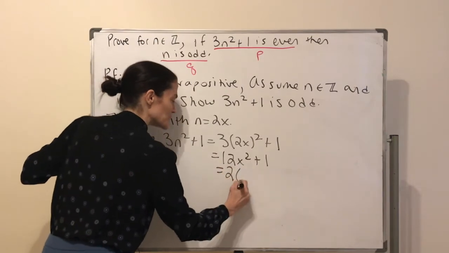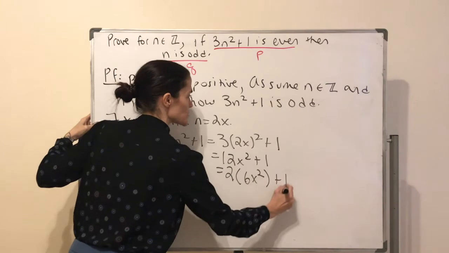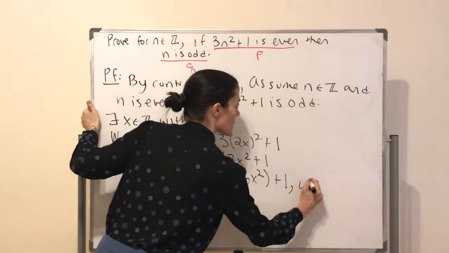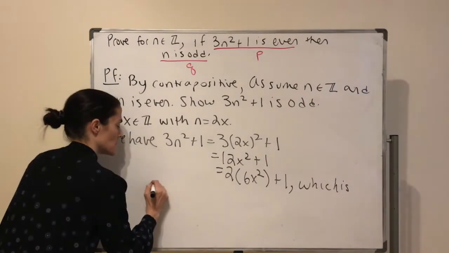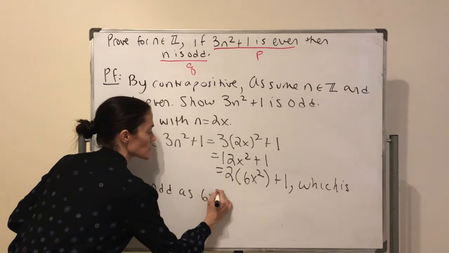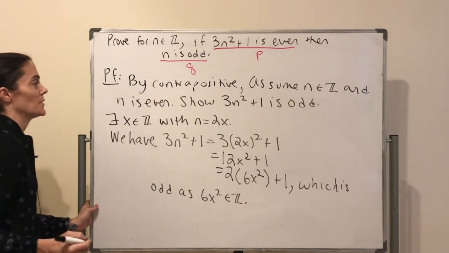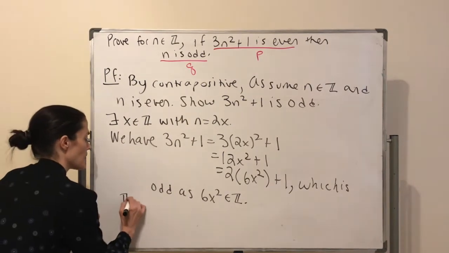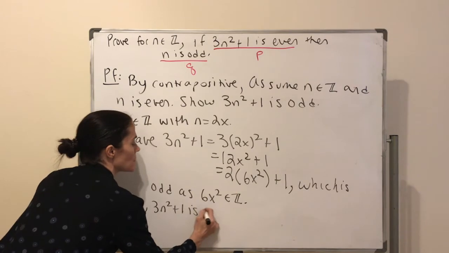And you see I have 2 times 6x squared plus 1, which is odd, because 6x squared is an integer. And this completes the proof. Maybe I'll just say thus 3n squared plus 1 is odd.